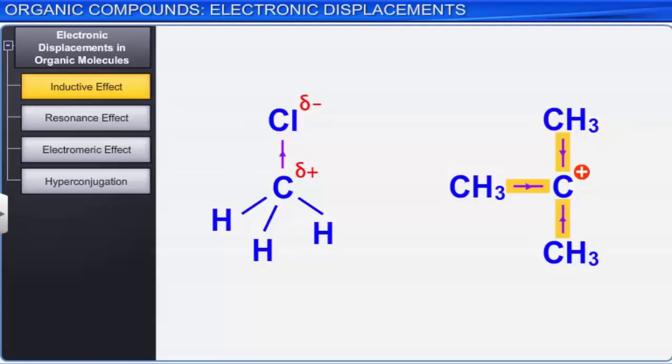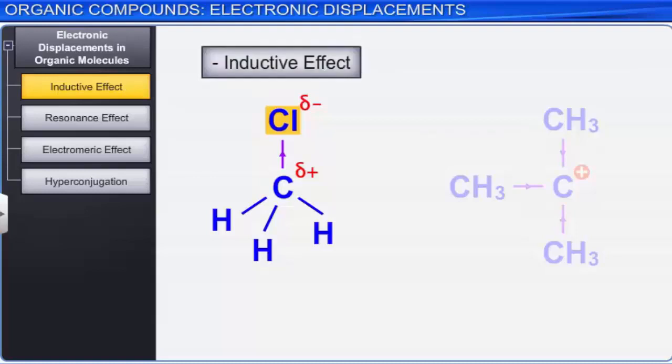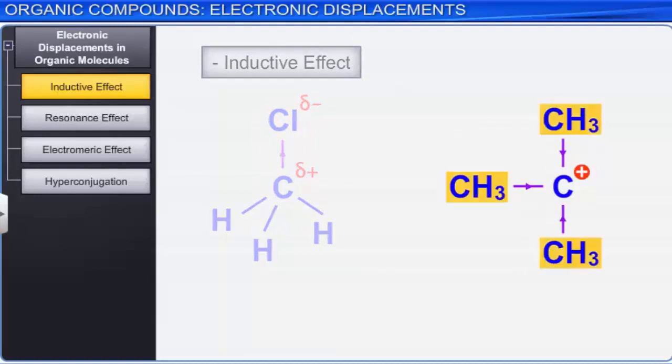If any atom or group attracts electrons more strongly than hydrogen, it is classified as an electron withdrawing group and is said to have a minus inductive effect. On the other hand, if any atom or group attracts electrons less strongly than hydrogen does, then it is classified as an electron donating group and is said to have a plus inductive effect.